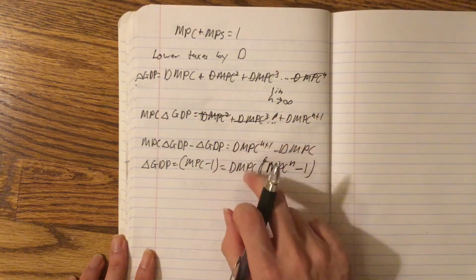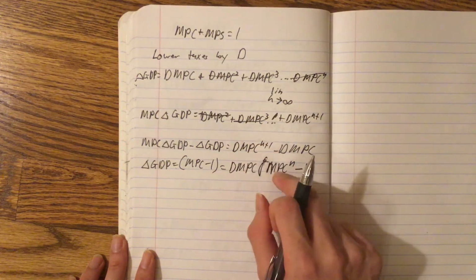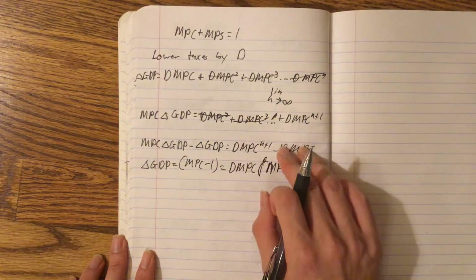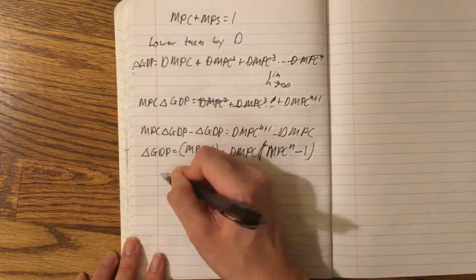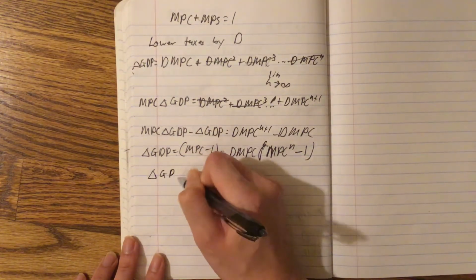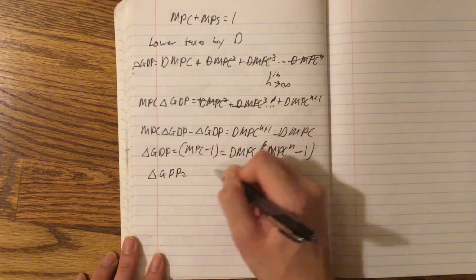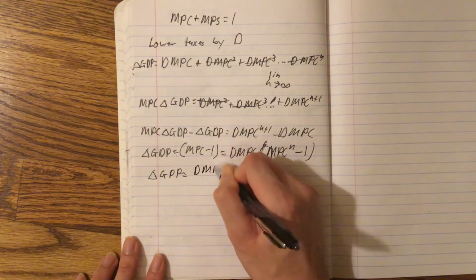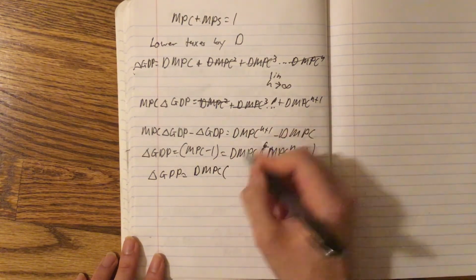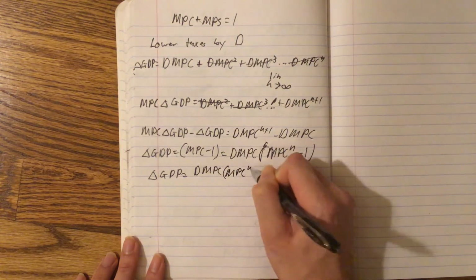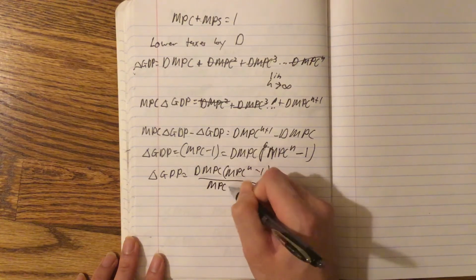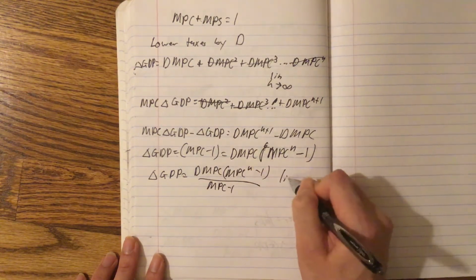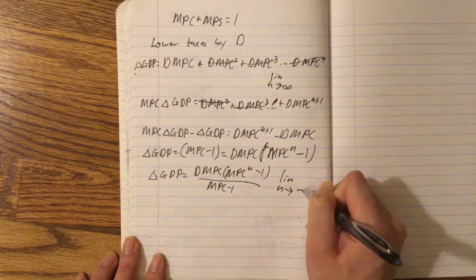Factor out D MPC, and by exponent rule, we subtract 1 when we factor out MPC, and when we factor out D MPC from here, it just becomes 1. That means the change in GDP equals D MPC times MPC to the n minus 1 over MPC minus 1, limit as n approaches infinity.